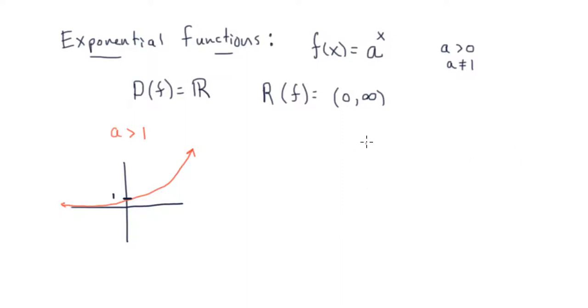Now if a is less than 1, the exact opposite thing happens. The function is actually going to exhibit exponential decay. And so it's actually going to start very large when it's negative, and it's going to decay off to 0 as x goes to infinity.